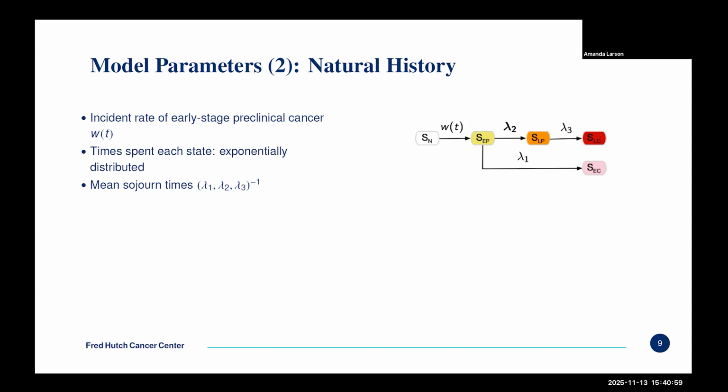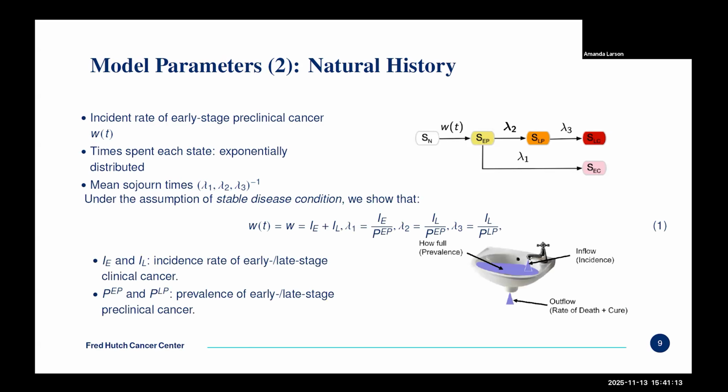And we make the assumption that the time spent in each state is exponentially distributed. The mean sojourn time is essentially the duration, how long they will stay in the state. And we consider this stable disease condition, which means the rate is constant.